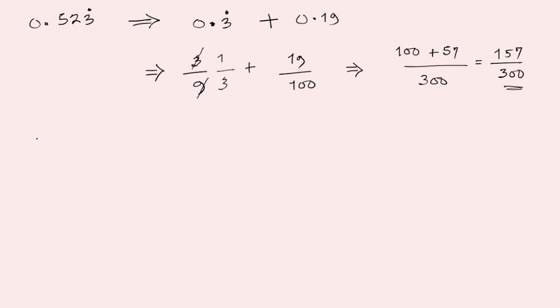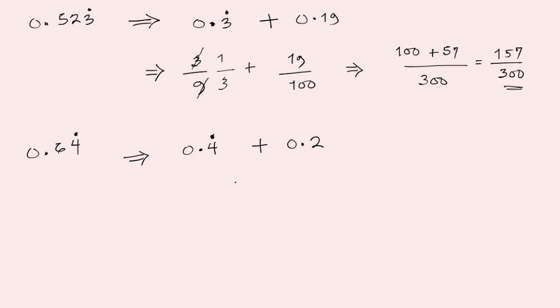If we try one more, if we have 0.64 with 4 repeating, so we know that the number repeating here is 0.4, and 0.644 repeating minus 0.4 repeating, that would yield 0.24.